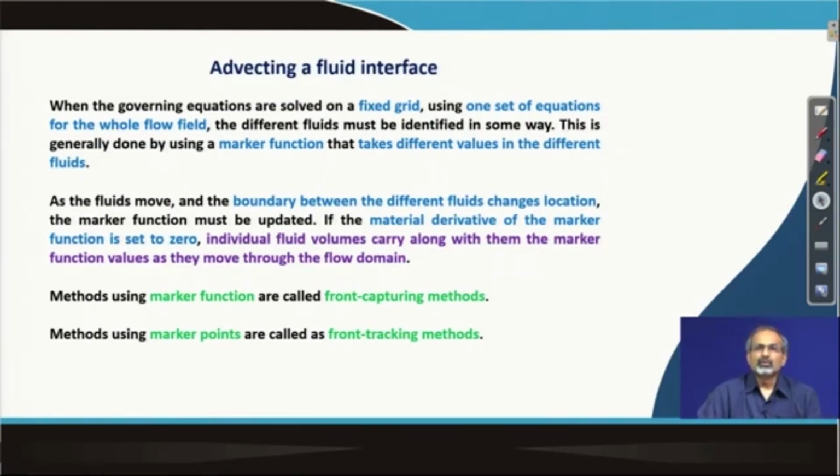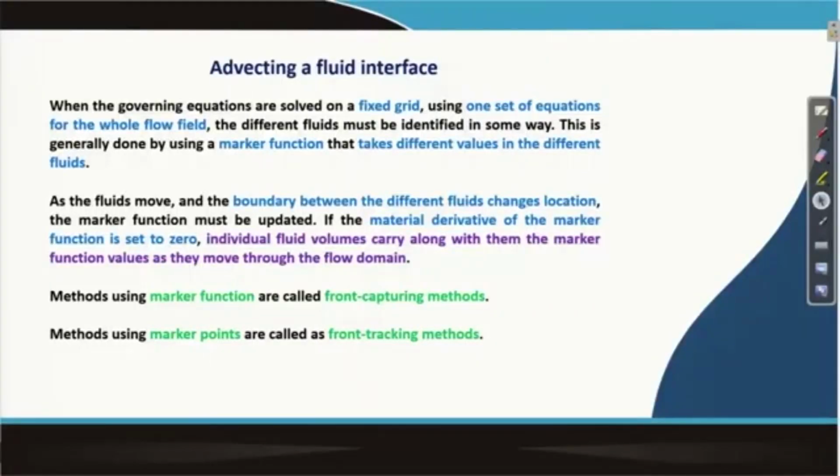Now, we learned quite a bit about how jump conditions may occur across an interface, and if you are solving the problem as a sharp interface problem, how these jump conditions have to be implemented through boundary conditions. And if you treat the interface or boundary as a diffuse boundary, then there is also an issue of how you try to advect the fluid interface.